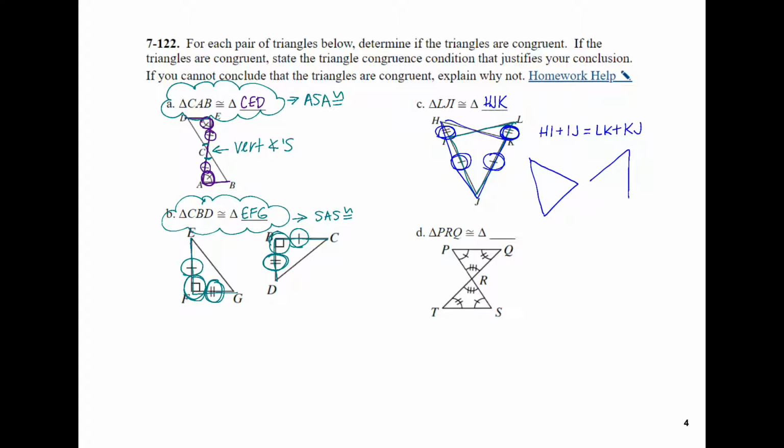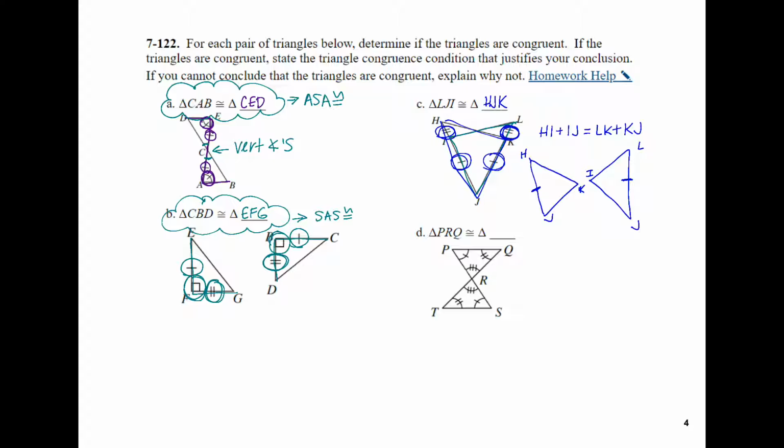So that would give us, if you look at your two triangles separately, that this side is congruent to this side. So HKJ, LIJ.